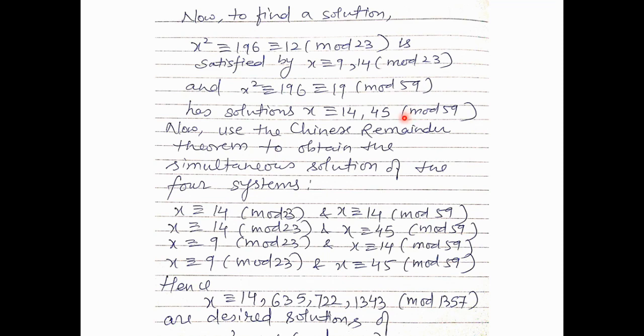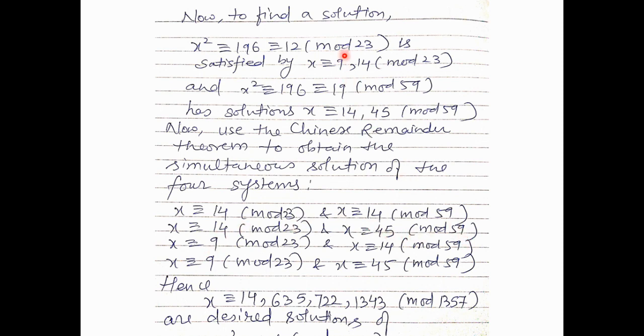So if I want to find the solution of the original congruence, modulus 23 times 59, we have to solve these four systems simultaneously. First, x is congruent to 14 modulo 23 and 14 modulo 59. Then second is x congruent to 14 modulo 23 and x congruent to 45 modulo 59.